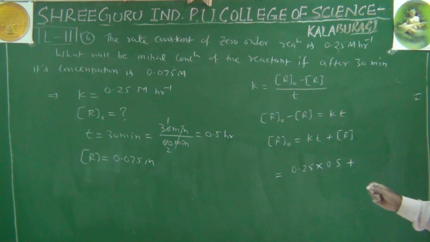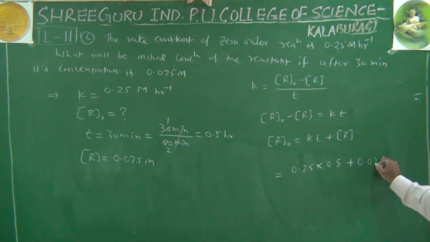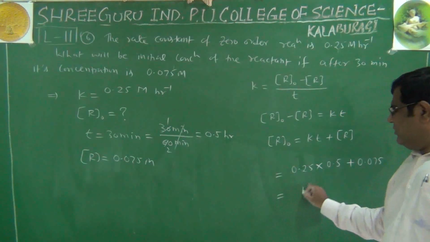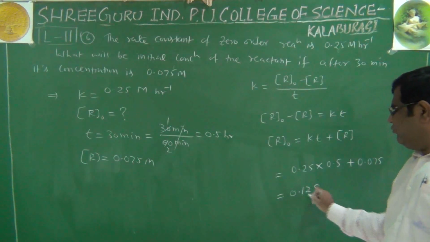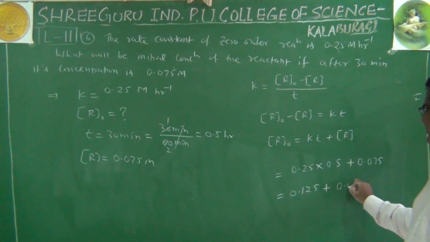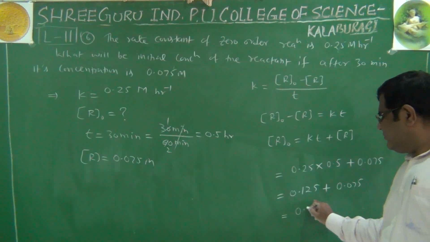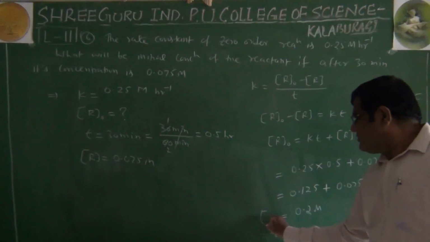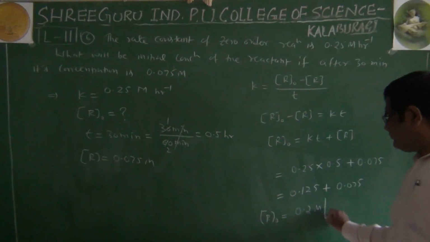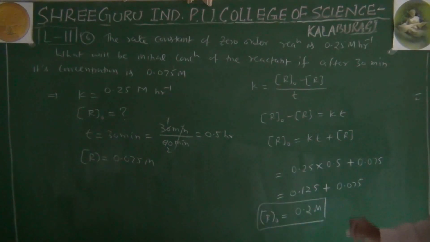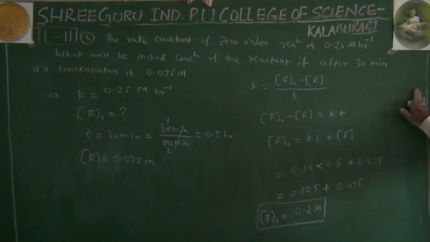R value is given anyway, 0.075. So it is 0.125 plus 0.075, and when we add them together it will be 0.2 mole per liter. So this is the R0, the initial molar concentration of the reactant. This is the final answer we are getting. So this is the question regarding the zero order reaction.